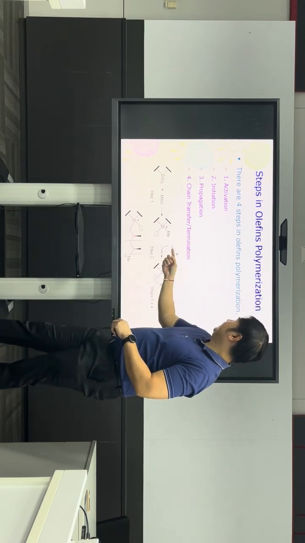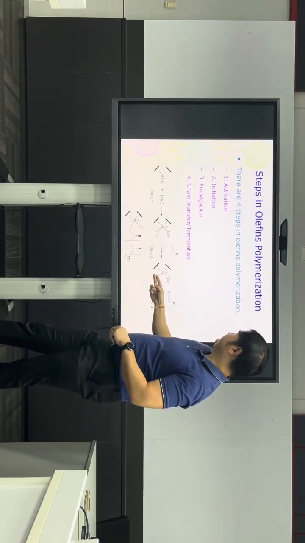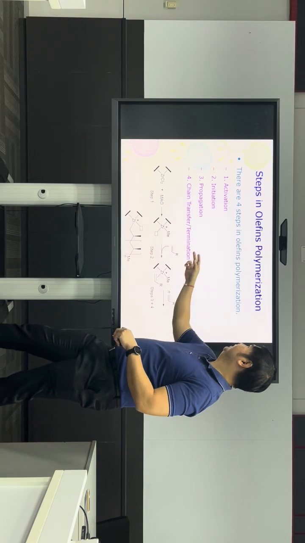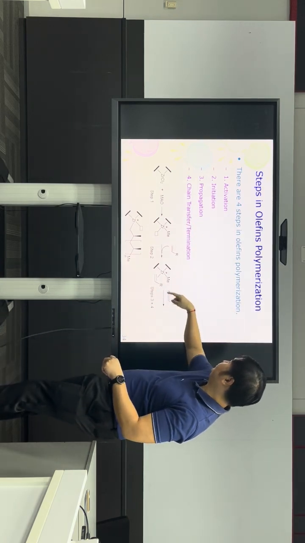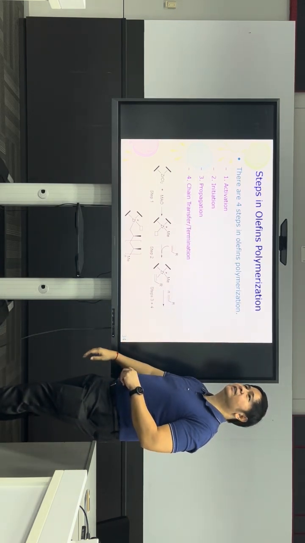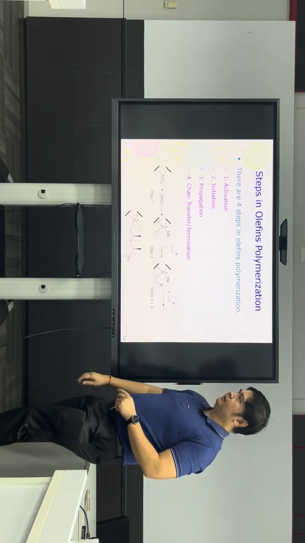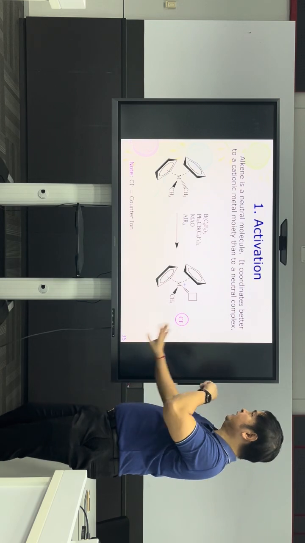After that, the R group coordinates to the empty site, and then the metal attacks. So you initiate it, and after that you have propagation, because this process repeats over and over. So you get polymerization to get the polyolefin.